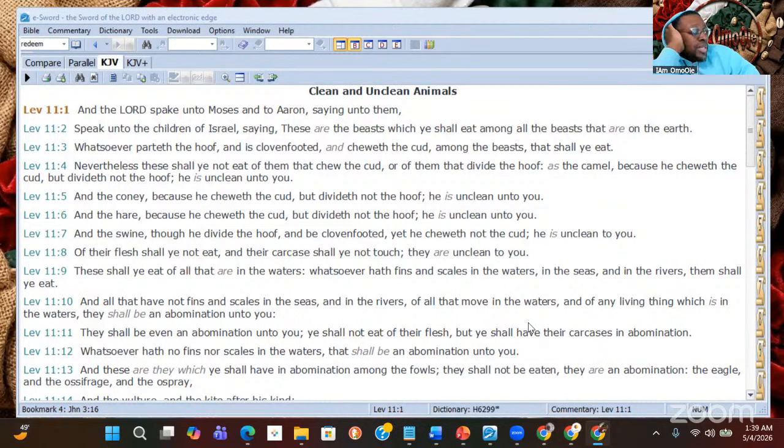God was speaking to Moshe and to Aaron, saying unto them, Speak unto the children of Israel, saying, These are the beasts which ye shall eat among all the beasts that are on the earth. Whatsoever parteth the hoof and is cloven footed, and cheweth the cud among the beasts, that shall ye eat.